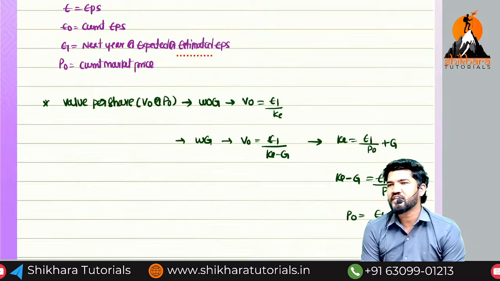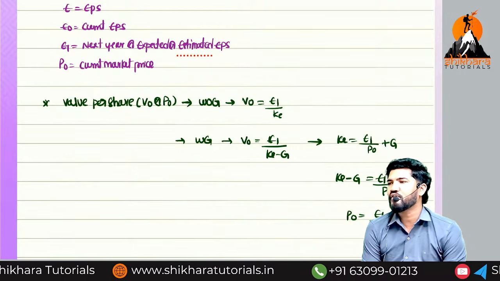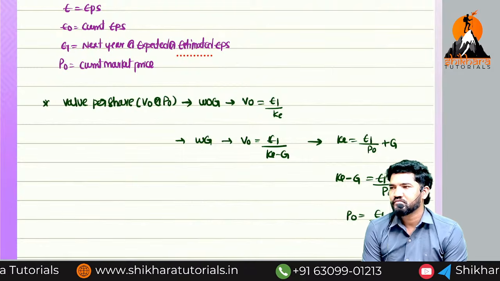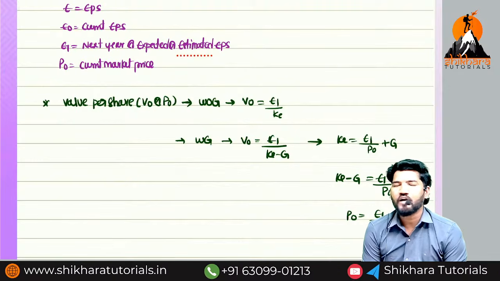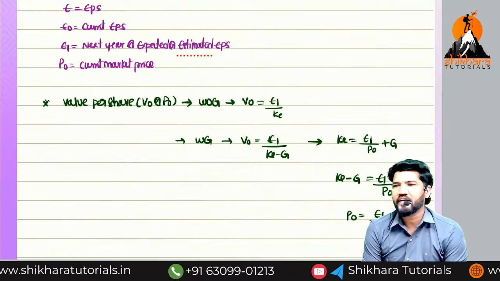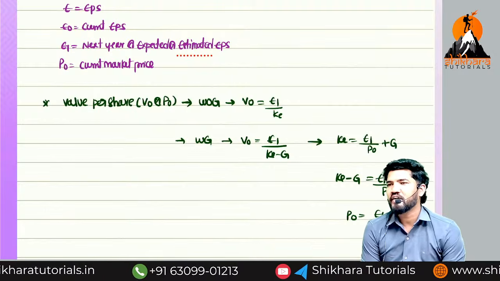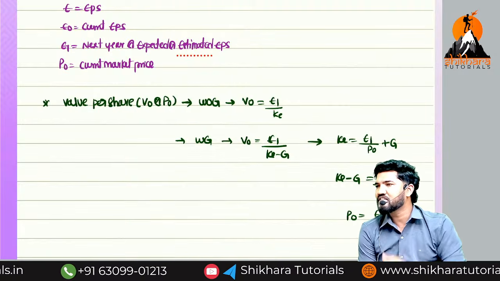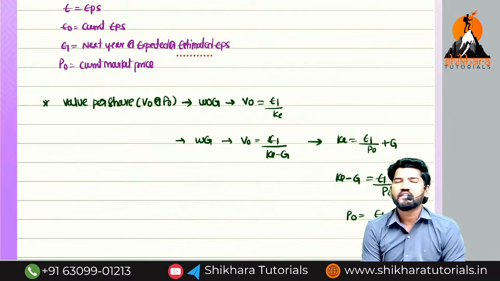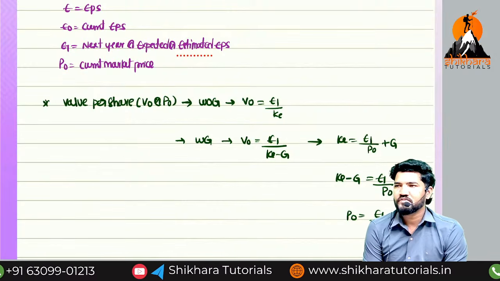If EPS is 10 rupees and they said the payout ratio equals 40%, now what is the DPS? How much did they pay? 40%. On what value? 10 rupees. 10 into 40%, how much? 4. 10 rupees is known as EPS, 4 rupees is known as DPS. What about the remaining 6 rupees? Retained earnings or retention. Guys, clear?